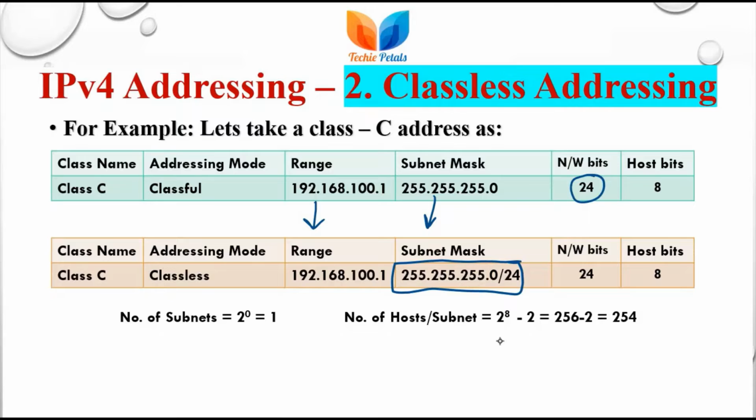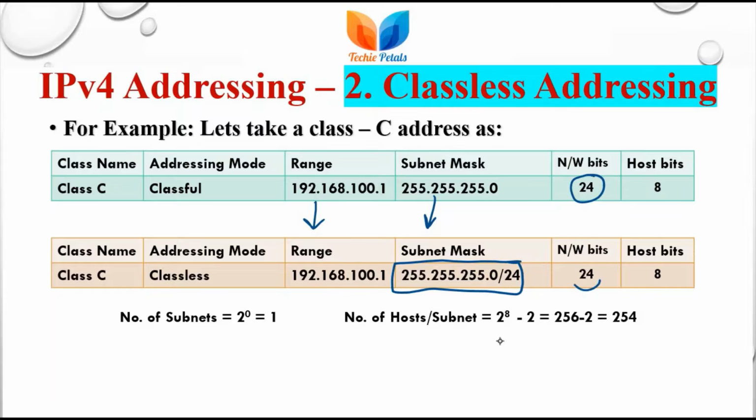Notation will be changed. Subnet mask will be 255.255.255.0, and /24 is indicating the number of network bits for this IP address, means first 3 octets are representing the network ID, first 3 octets.